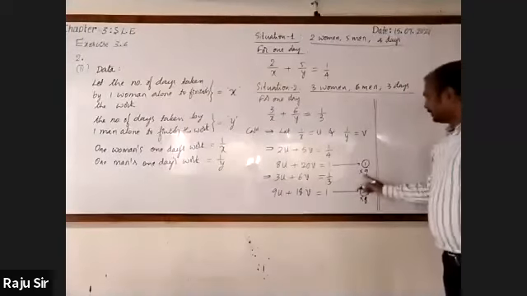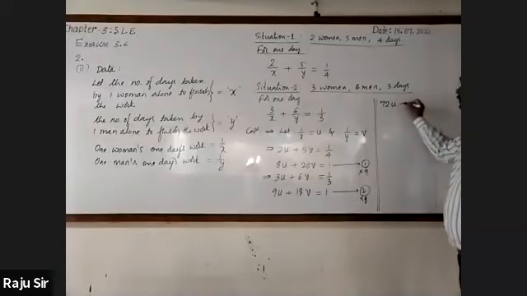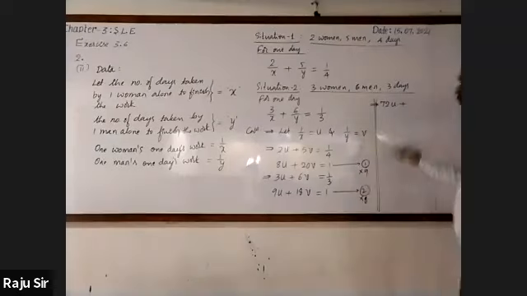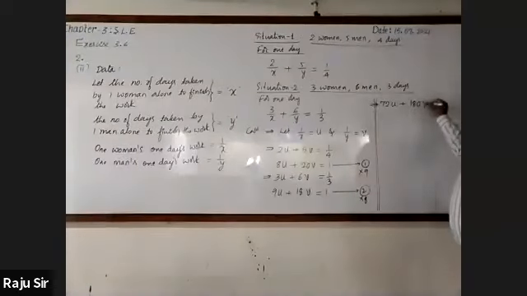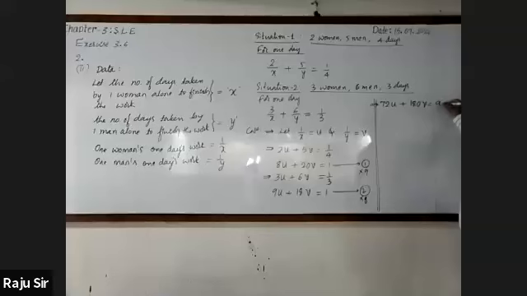Next, 9 eights are 72, 72u plus 9 twos are 18, 180v, it's equal to 9 ones are 9. You may call it as equation 3, or else let it be this much.